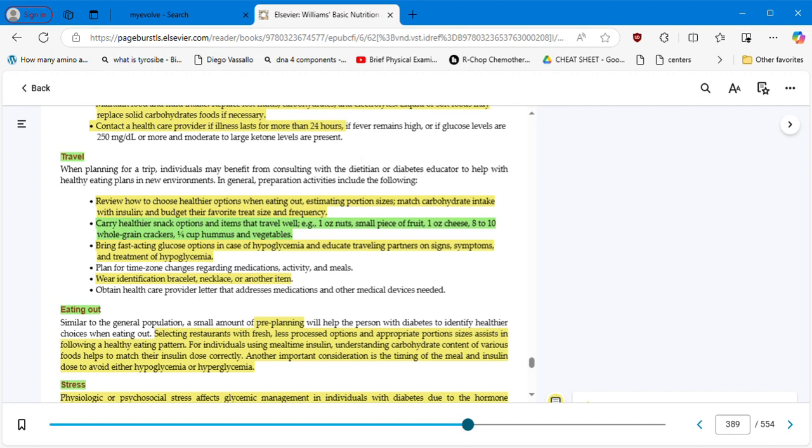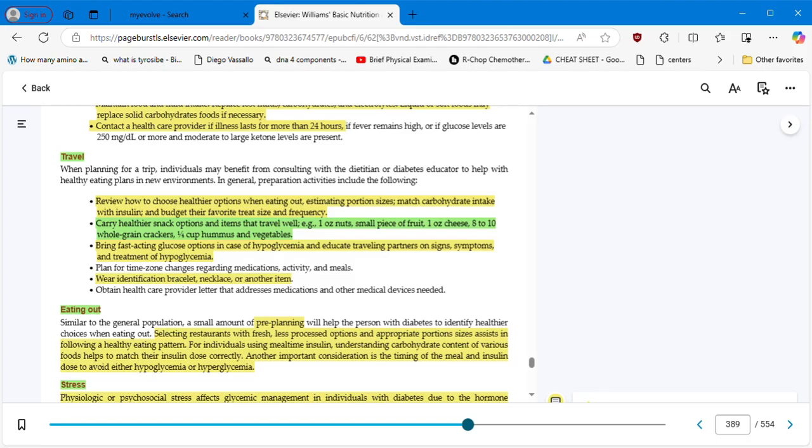Carry healthier snack options and items that travel well: nuts, small piece of fruit, cheese, whole grain crackers, a quarter cup hummus and vegetables. Those are the snacks. It's not chocolate, it's not candies. Bring fast acting glucose option in case of hypoglycemia.